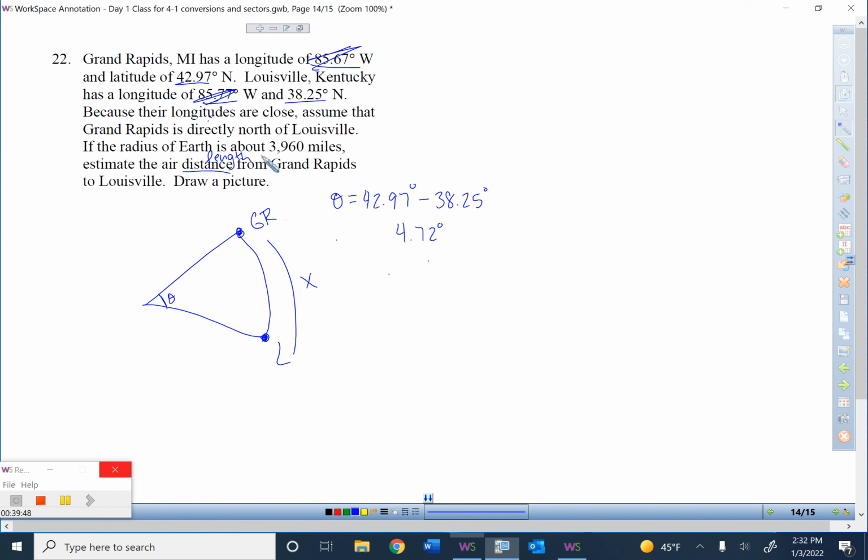So this is a circumference problem. 2 pi r is our formula, and then we're going to multiply by theta over something. Because this theta was in degrees, we're going to use 360. Now, because this is a problem that's going to ask us about the distance in miles, this is one where we don't have to do any reducing beforehand because we're not going to get the exact value anyway.